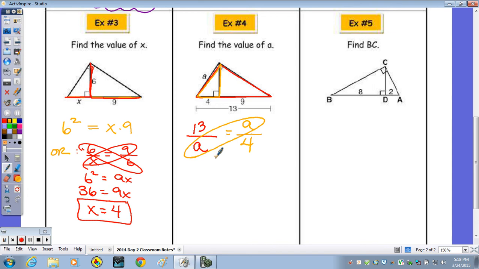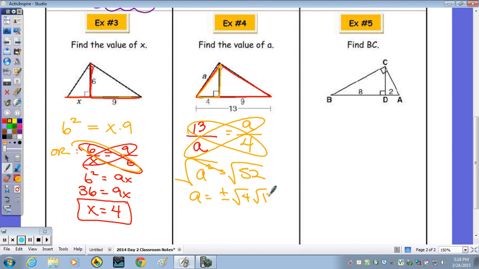In this case, it's the a. Over here, it was the 6's. So it doesn't always have to be a variable. So a squared is equivalent to 52. To undo a square, I take the square root. So a is equal to the positive and negative of radical 4, radical 13. Reject the negative. And a is equivalent to square root of 4 is 2, radical 13.